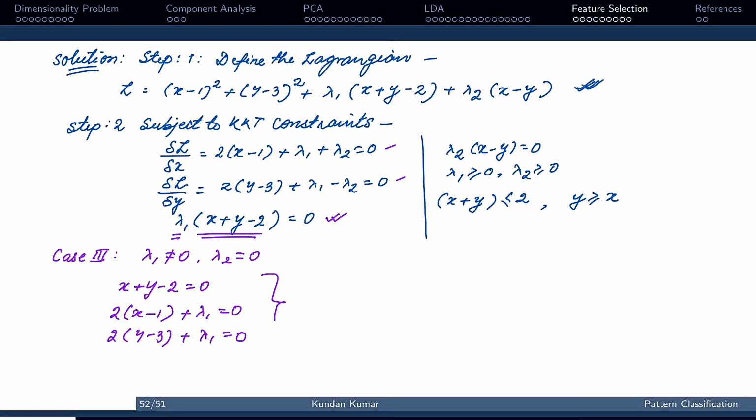So when we solve these three equations, we will obtain x equal to 0, y equal to 2, and lambda 1 equal to 2, and already we have considered lambda 2 equal to 0. If we check all the KKT constraints, we will find that these values satisfy all of them. So we can say that this is a feasible solution.